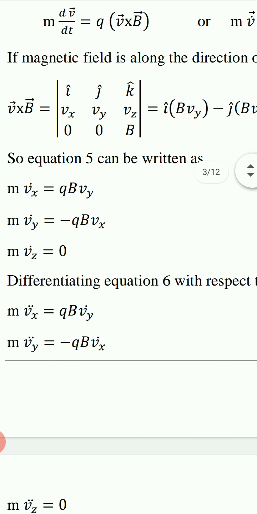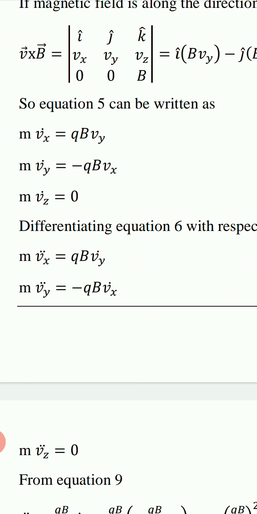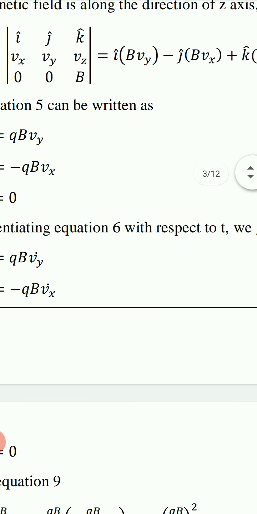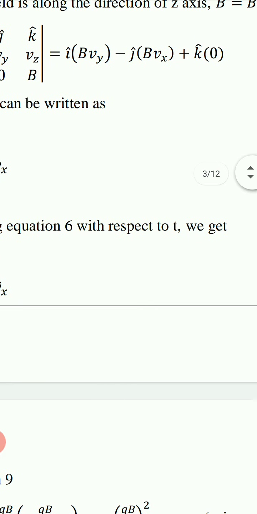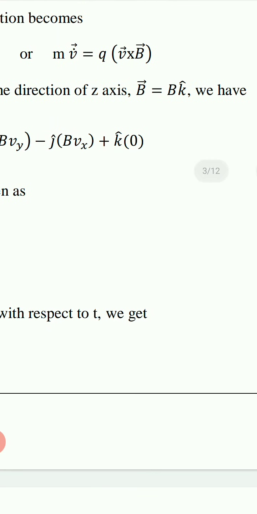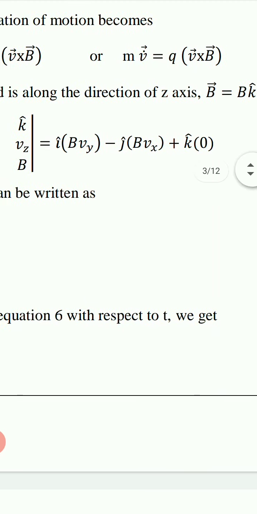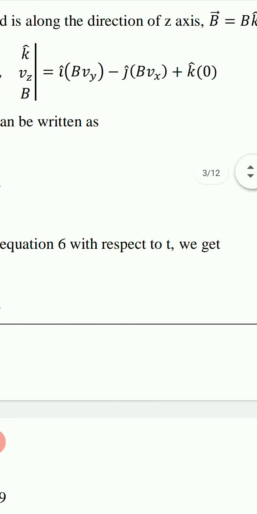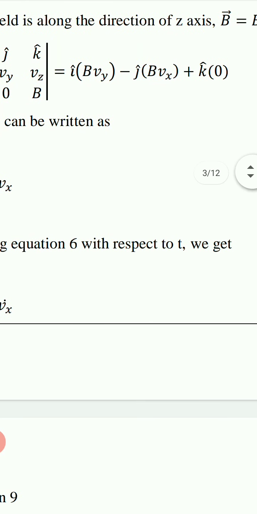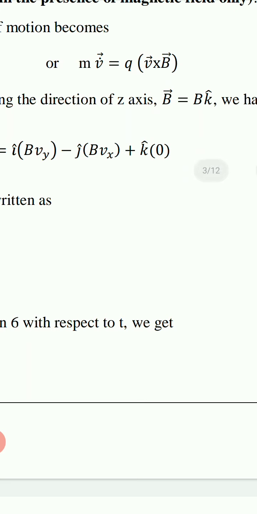And the values of these three components: m vx dot is equal to q times the x component of v cross b, that is b vy. So m vx dot equal to q b vy. Similarly, m vy dot equal to minus q b vx, because the y component of v cross b is minus b vx.